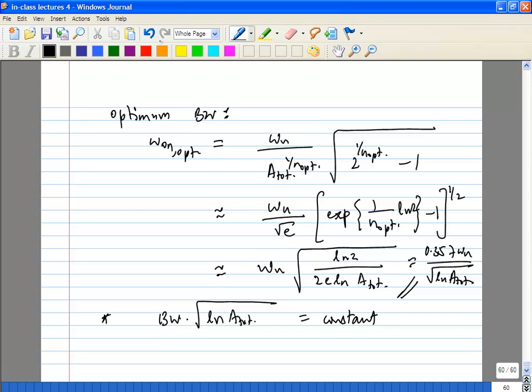And the other thing to notice, because it depends on the log function, is that if you need to extend your bandwidth by a large enough amount, your gain doesn't change that much because it's a logarithmic function. In the single stage case, since it is linear, 1 over A times B, if one increases by double, the other has to fall by half. Here the trade-off is much more relaxed.